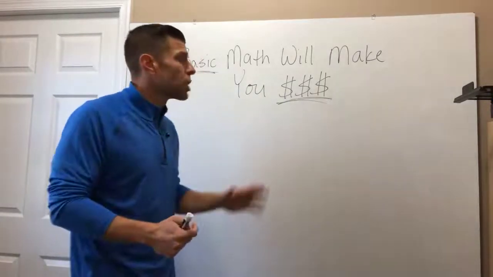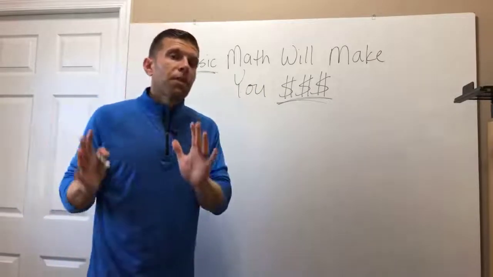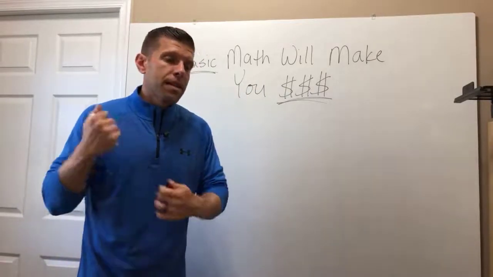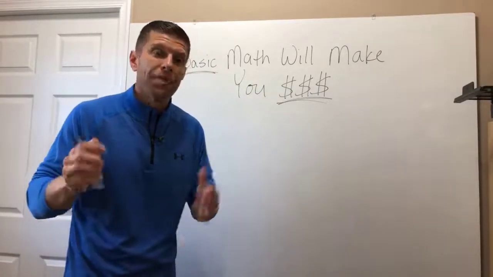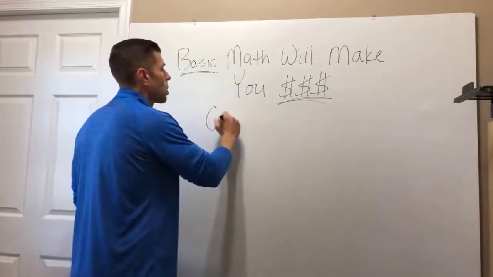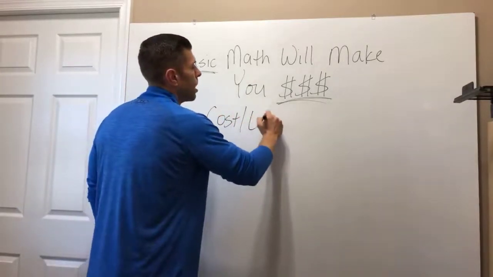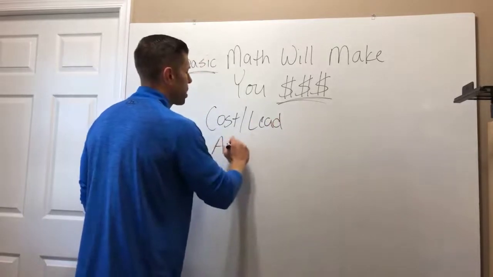Okay? So there are just a couple of things that we need to set to run some simple math numbers here. Number one is cost per lead, and number two is your average commission.